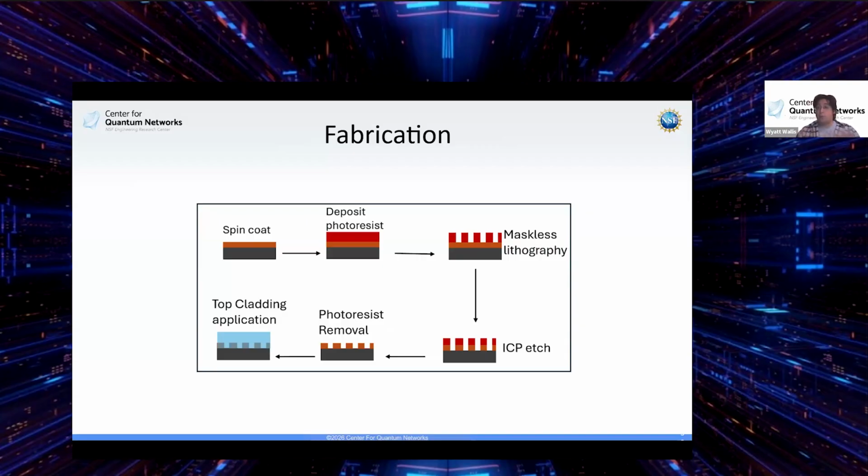Then you want to deposit what's called a photoresist on top. That's usually also done by spin coating, and we'll talk more about that in a second. These photoresists are usually organic polymers that react to UV light when they're illuminated. What you're going to do with maskless lithography is put it in this piece of equipment and allow that equipment to write onto the photoresist layer whatever your pattern is.